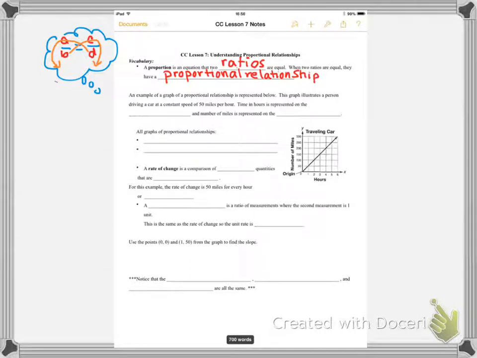So we have an example of a graph below. The example of a proportional relationship is represented below. This graph illustrates a person driving a car at a constant speed of 50 miles per hour, and the time in hours is represented on the x-axis.